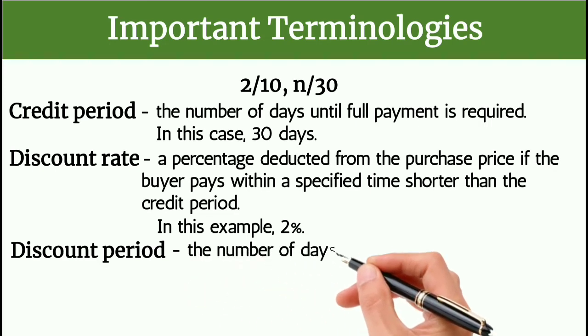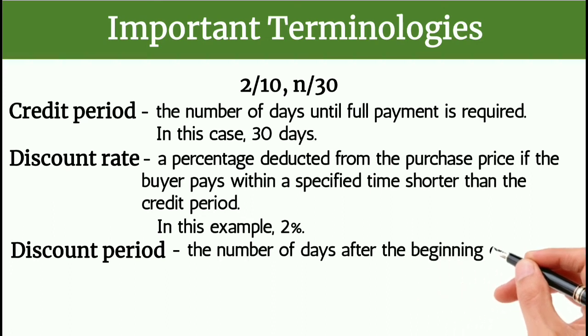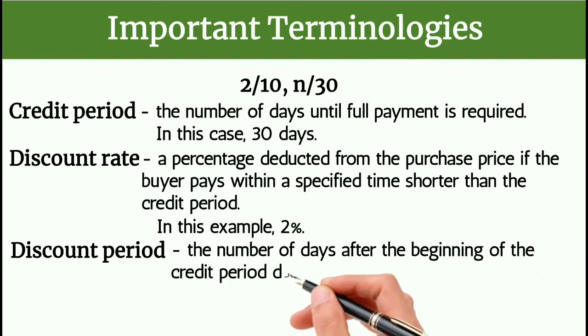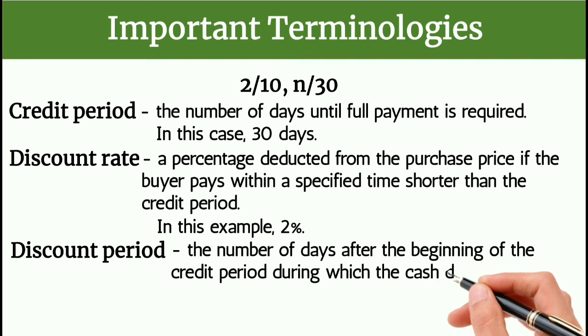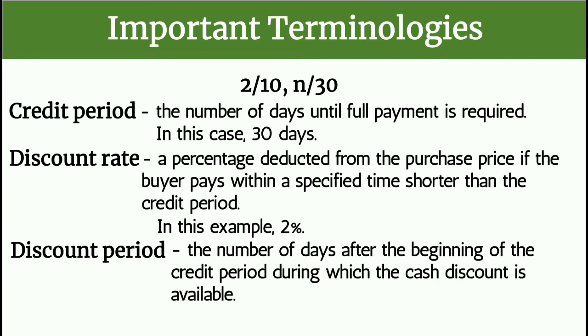Discount period is the number of days after the beginning of the credit period during which the cash discount is available. In this case, the discount period is 10 days. Since maa-avail ni debtor yung 2% discount kapag nakapagbayad siya within 10 days from the invoice date.